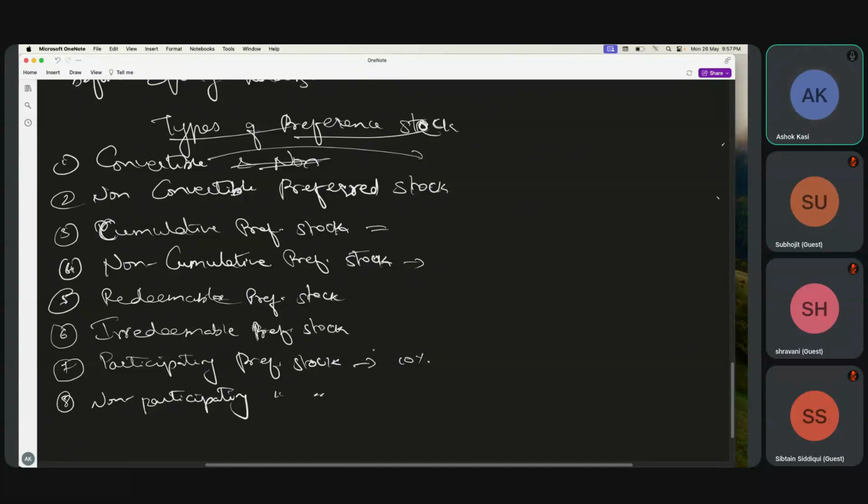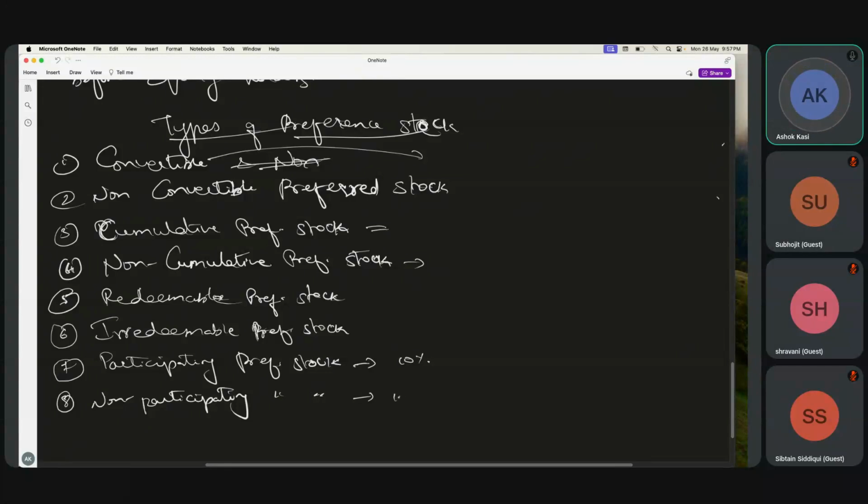It's like your salesman is told that you will get this much salary, but if you cross this much sales, you will get some extra bonus. So the salesman feels he is part of the entire progress of the company. Here also, if a company is making exceedingly high profits, even preference shareholders will get some share out of that. That is called participating.